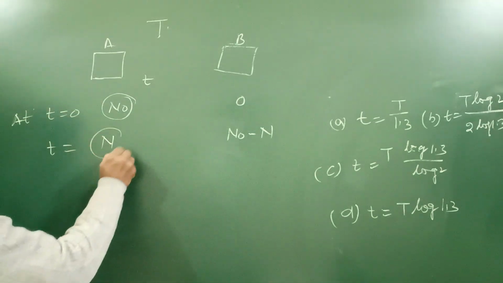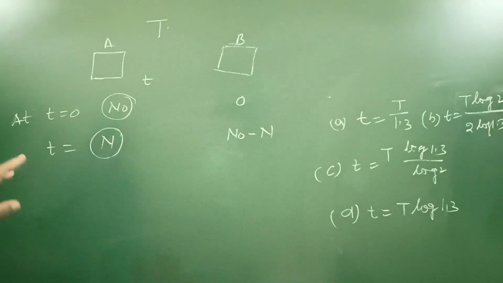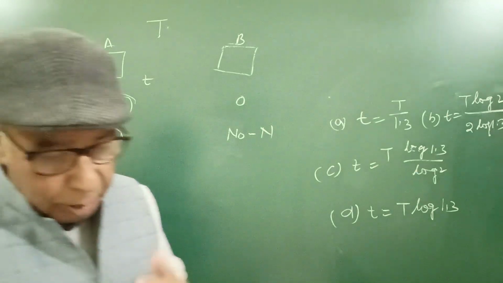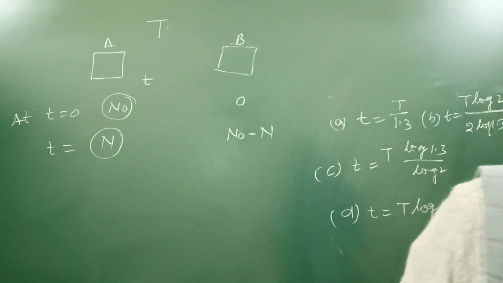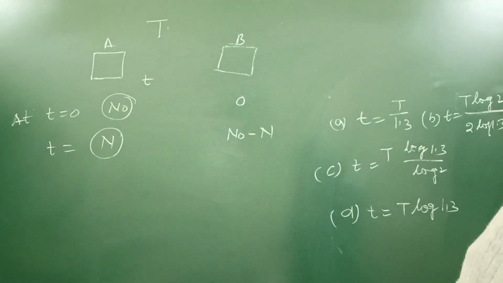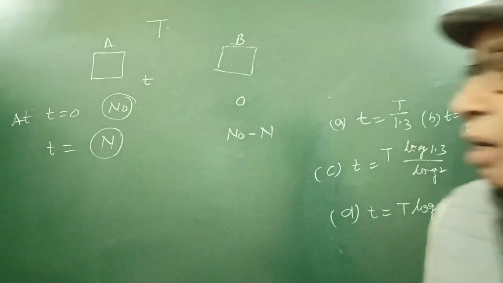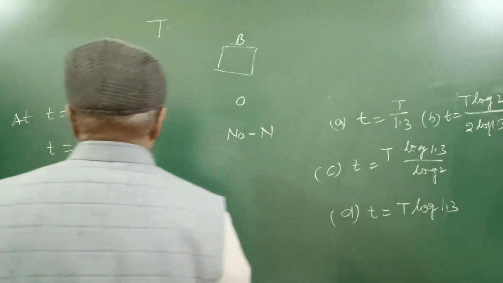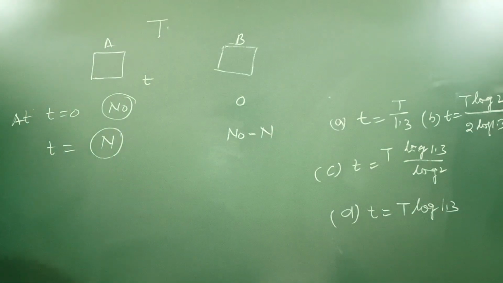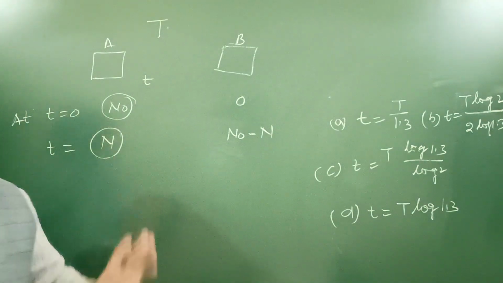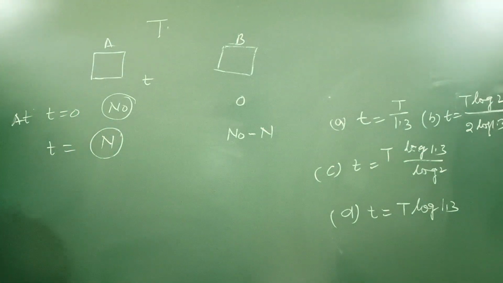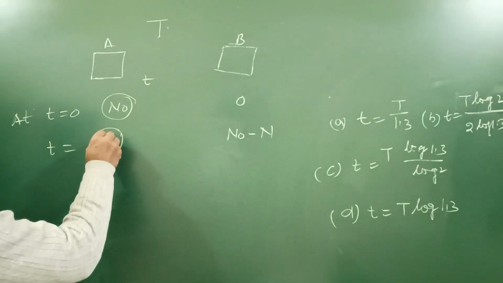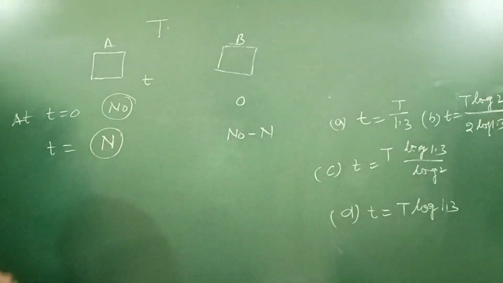If N atoms are left, then the number of B will be N0 minus N. Here it is something difficult for students to understand. Okay, N is the left nuclei.